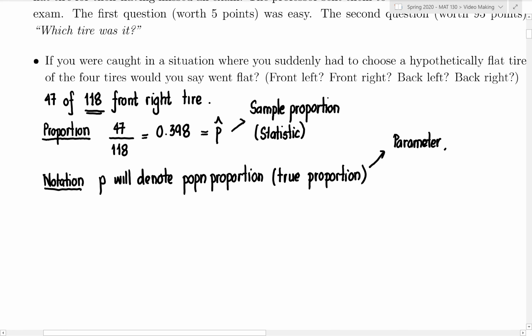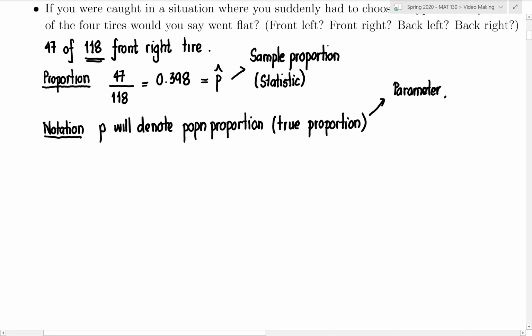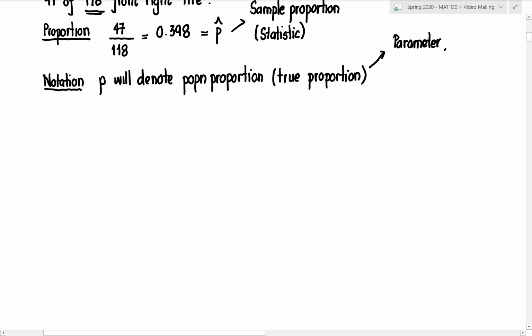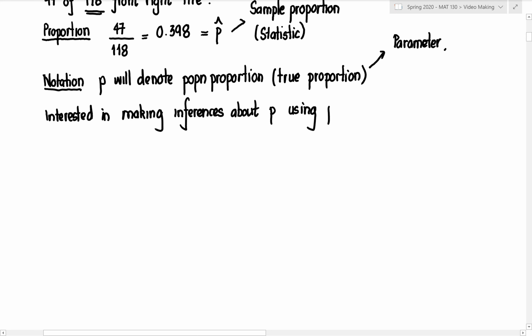The goal, again, is that we are interested in making inferences about our parameter using our statistic.